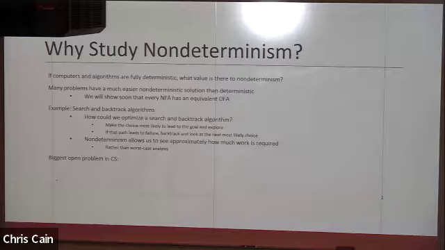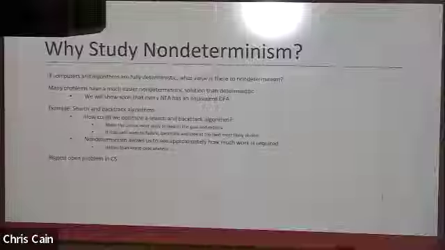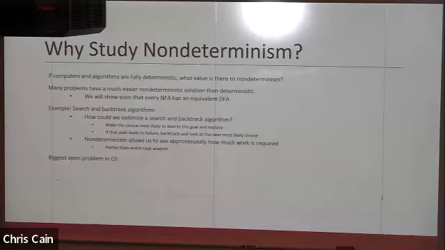And as quantum computing starts to become more and more of a reality, a lot of these theoretical concepts start to come into the realm of reality and raise the question of whether there's some way for us to use the theoretical results from non-determinism and apply them to quantum computing.